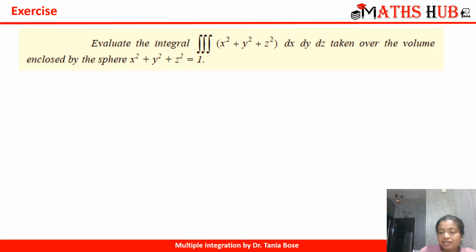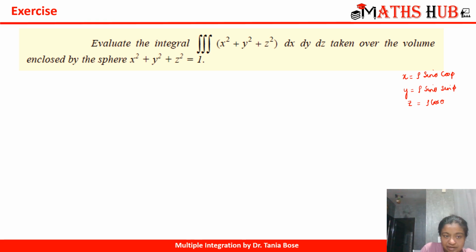With the help of these transformations, x is equal to rho sine theta cos phi, y is equal to rho sine theta sine phi, and z is equal to rho cos theta. When you square and add them, what happens? X square plus y square plus z square will become rho square, right?